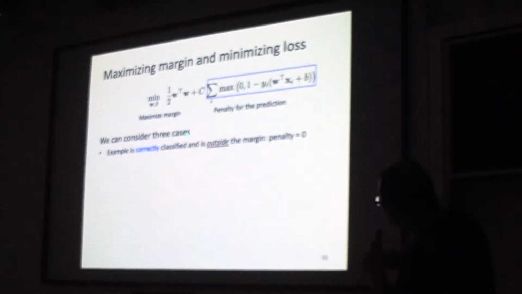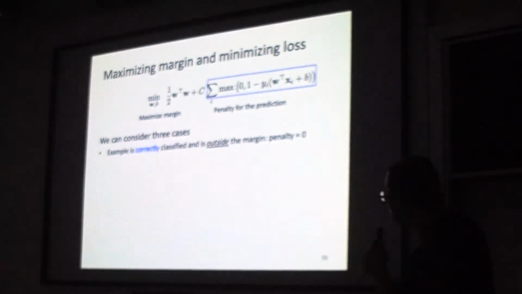If the example is correctly classified, that means this product, namely the function margin, is non-negative, as we discussed before. And if it is outside the margin, the function margin is bigger than or equal to 1, so 1 minus something bigger than 1 will be negative. The max between 0 and a negative value will be 0, so the whole max will be 0.